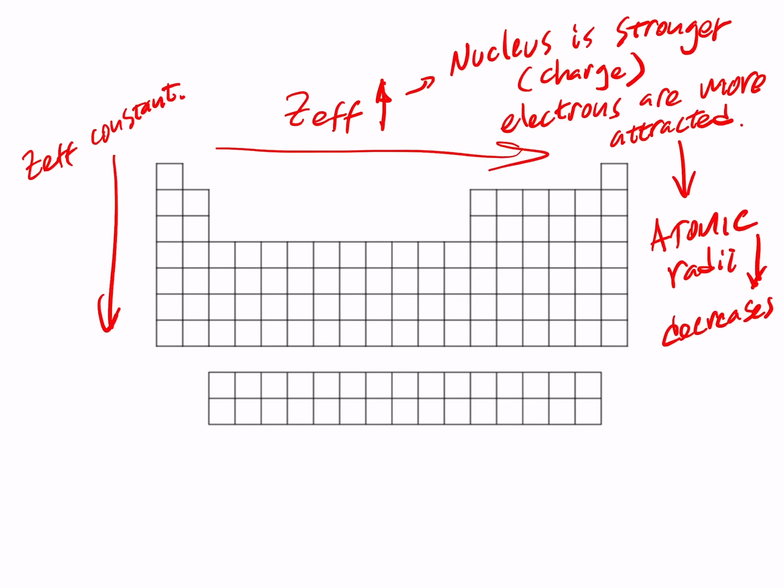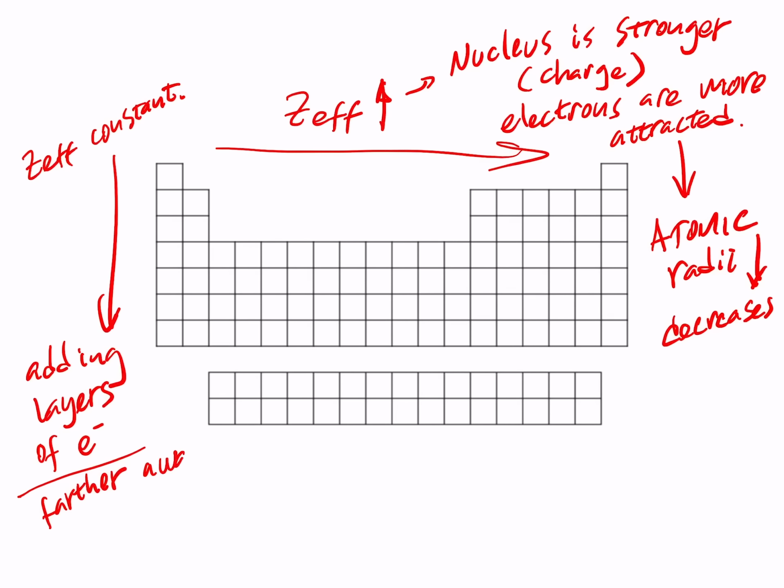But the effective nuclear charge has less of an impact as you move down the group, because if you go down the group, basically what is happening is you are adding layers of electrons, and those electrons are farther away from the nucleus, and the result is the atom gets larger.